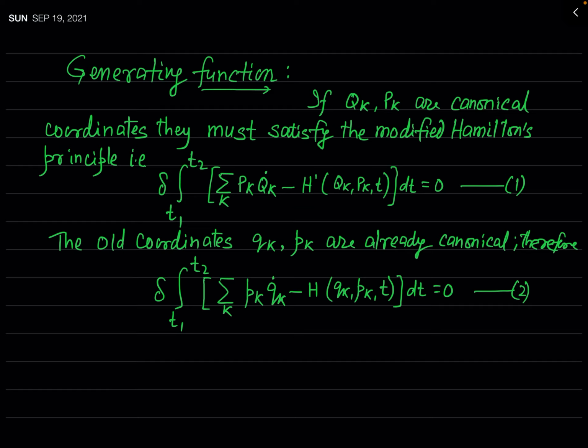And as you know, the Hamilton's variational principle, or modified Hamilton's variational principle, is an outcome of the Hamilton's fundamental equations of motion. So if these new coordinates, that is capital QK and capital PK, are also canonical, then they definitely satisfy the modified Hamilton's principle.